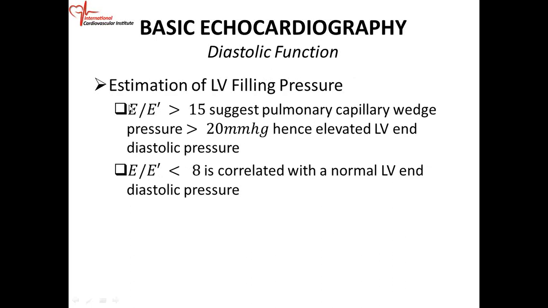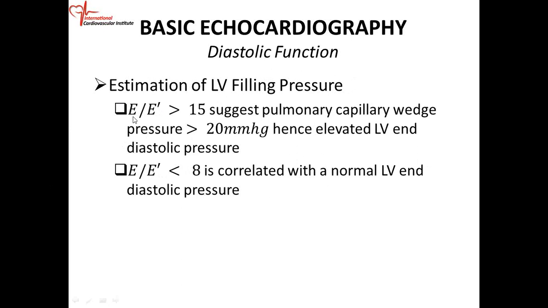Okay, all right. So these numbers are pretty much the same. But if you're looking at your medial annulus, the E over E prime ratio is a very important ratio.